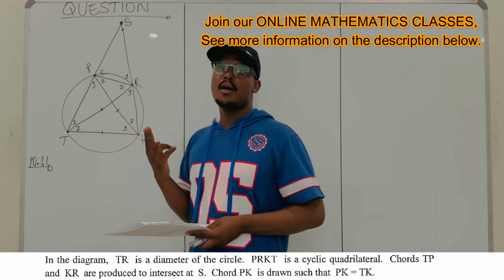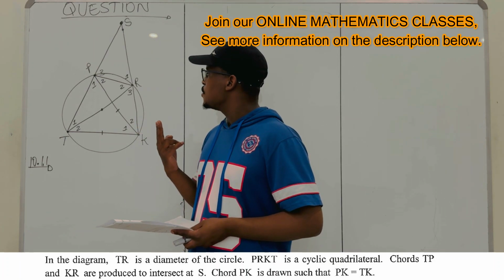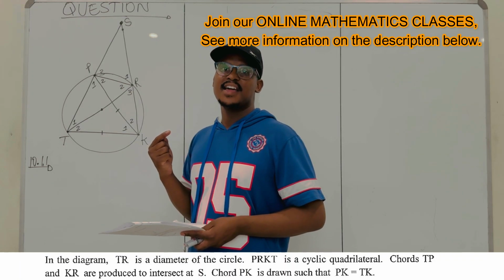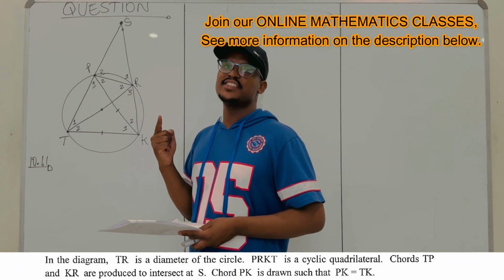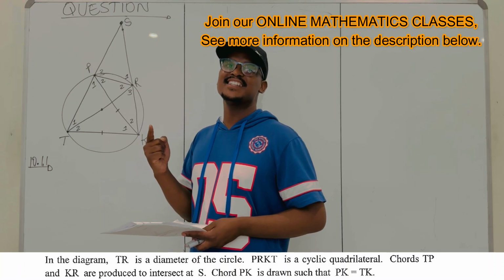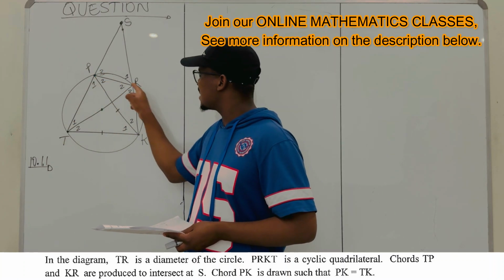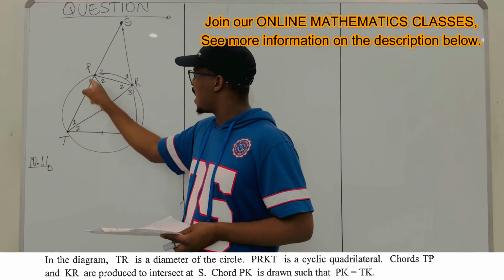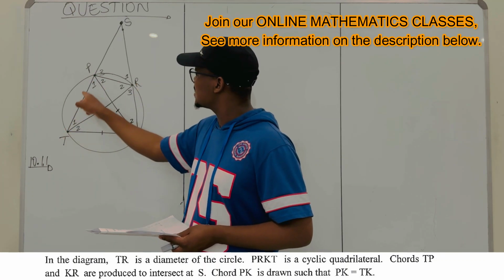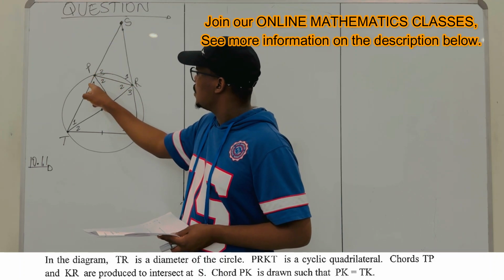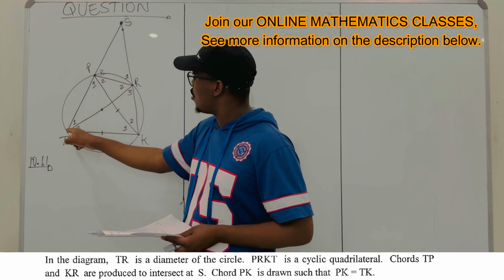Property number 2 about a cyclic quadrilateral: an exterior angle of a cyclic quadrilateral is equal to the interior opposite angle. So if you're looking at PRKT, a cyclic quadrilateral, look at TP. If you extend TP to S, now PS is an extension of TP.